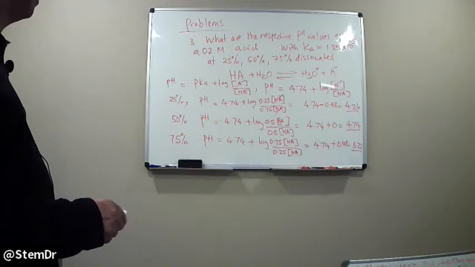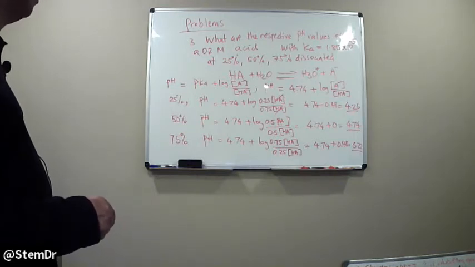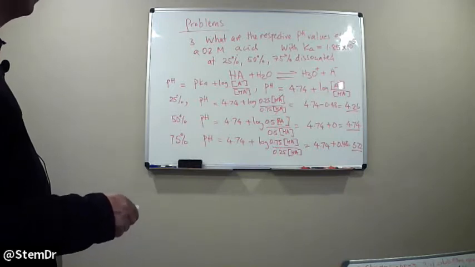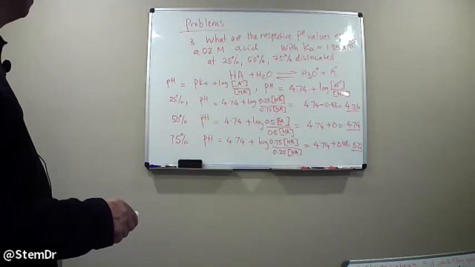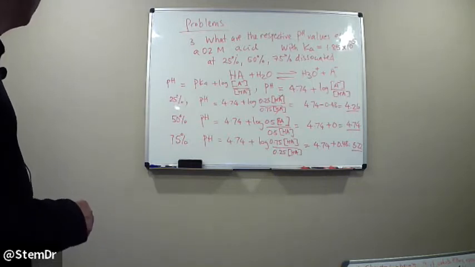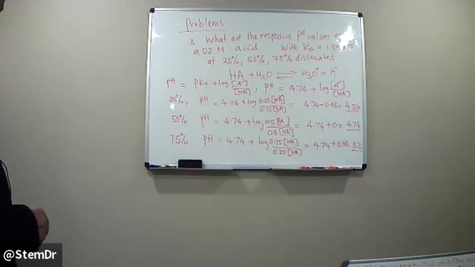So plugging into that equation would be pH equals 4.74 plus log of the different ratios of the conjugate base to the acid. Now, solving for a 25% dissociation, pH equals 4.74 plus the logarithm of 0.25 of HA.